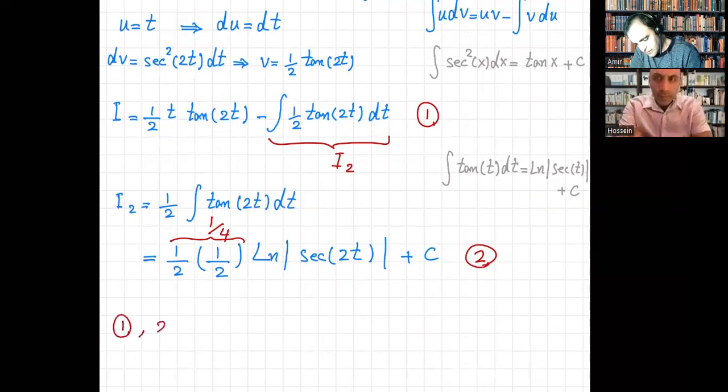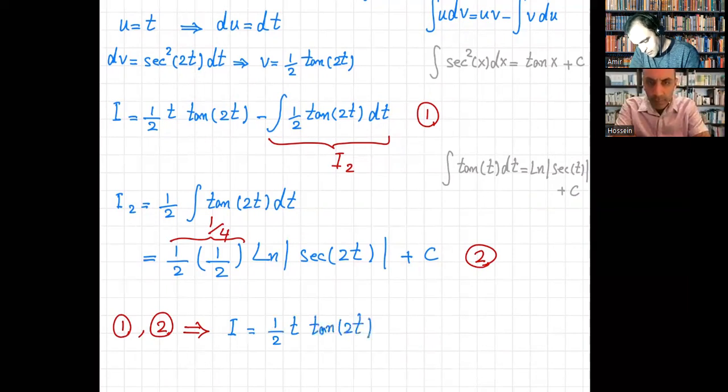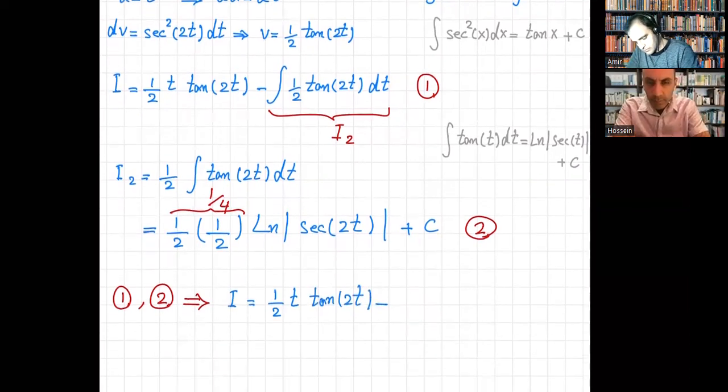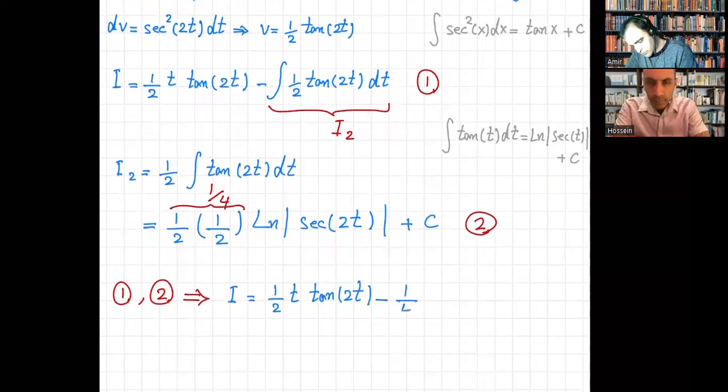from relations 1 and 2, if we consider both of them together, we get I is equal to 1/2 t times tangent of 2t minus 1/4 ln of absolute value of secant 2t plus constant.